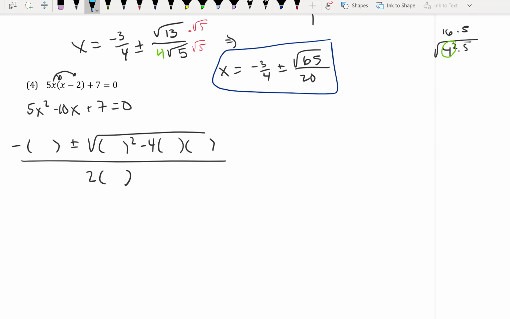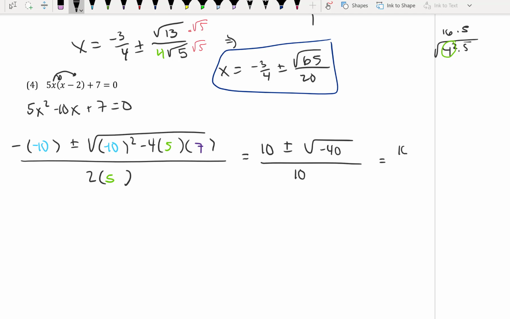And so that b value here is a negative 10 that I'm plugging in. My a value is a positive 5. And that c value that I'm plugging in is a positive 7. So I'm going to have 10 plus or minus. And again, I have a negative 10 squared minus 4 times 5 times 7, which is going to give me a negative 40 over 10.